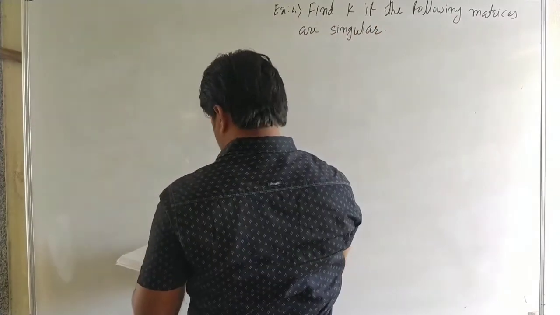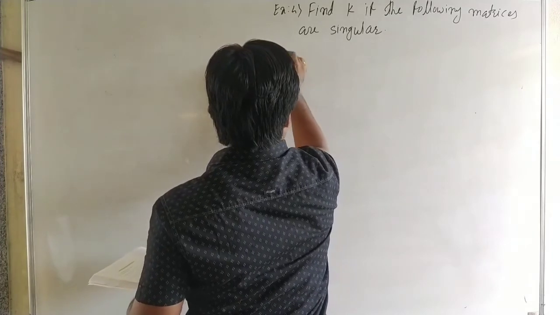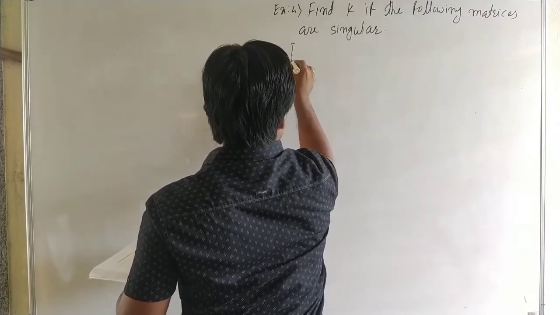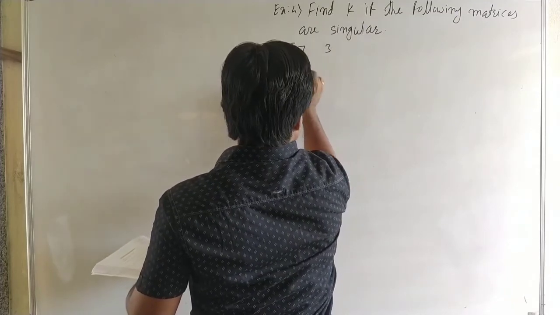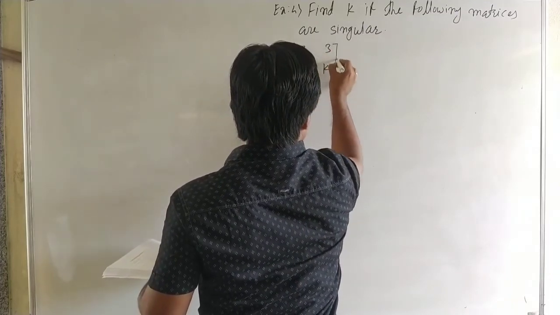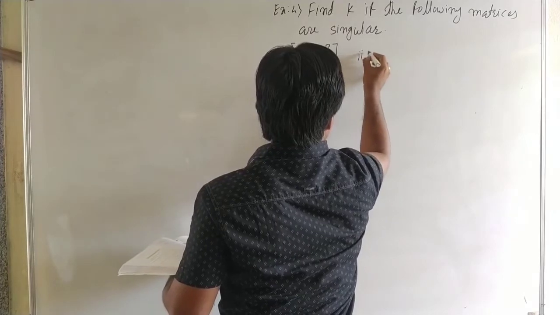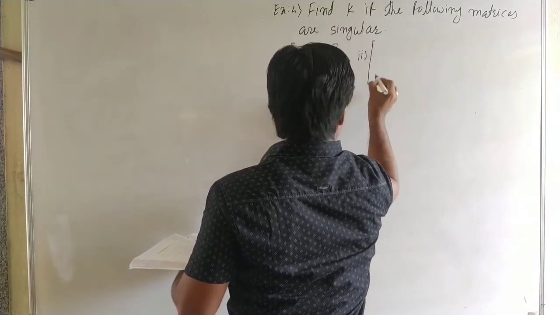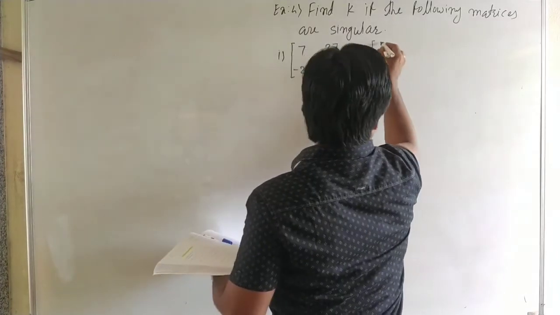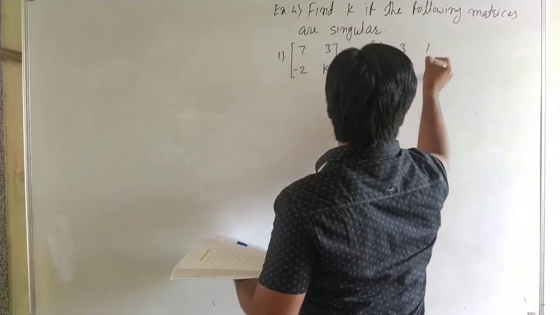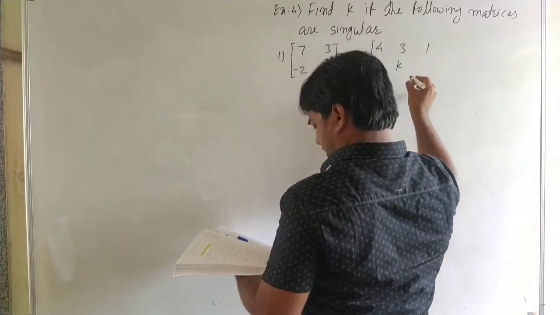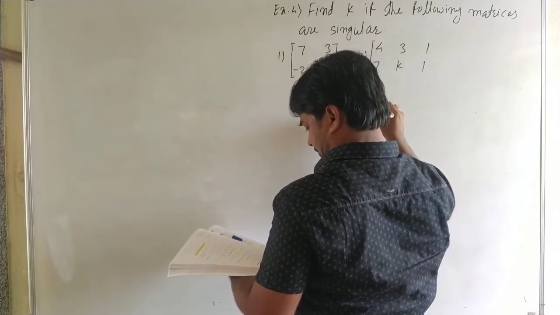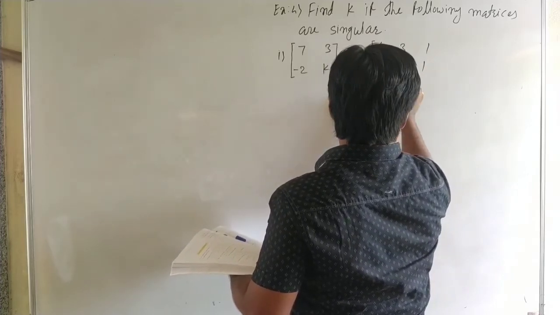Okay, there is the first example: 7, 3, minus 2, k. Second: 4, 3, 1; 7, k, 1; 10, 9, 1.